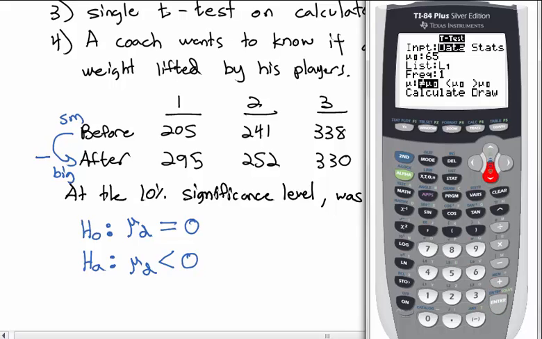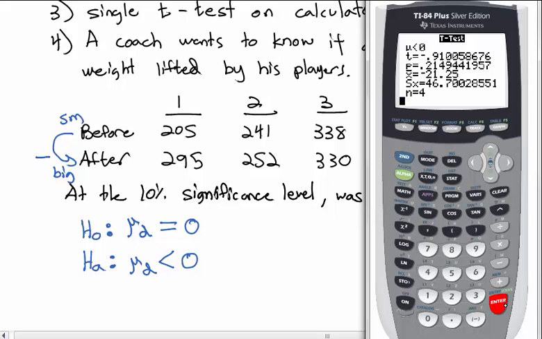Mu sub 0, we want that to equal 0. Our null hypothesis is that there's no difference. Enter. And then it's going to ask us what list the data should be in. The list, remember, was L3. That's where we put our differences. So second 3, we'll type in L3. Frequency is always 1. Our alternate hypothesis is that we are less than the value. So let's select less than and have it calculate.